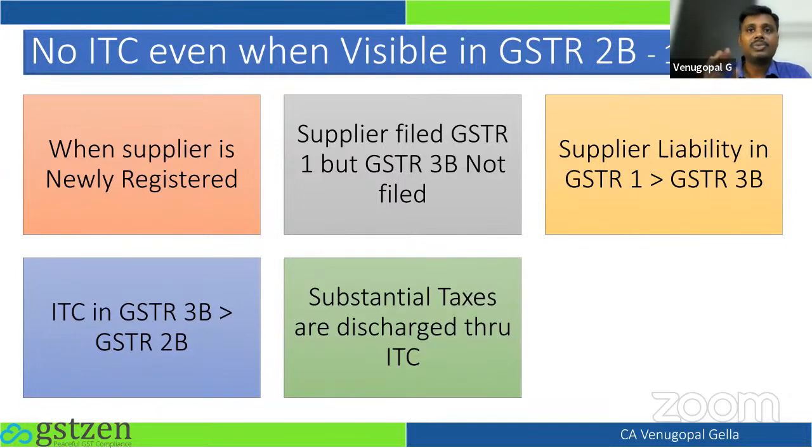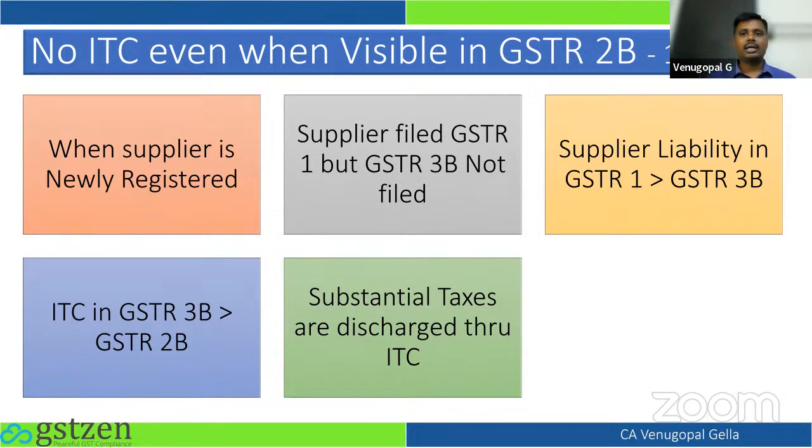The next, assuming that 3B is matching, 3B credit and 2B is matching, everything is happening. But every month he is paying his liability only through ITC and not in cash. You might be wondering whether, in spite of all this, there will still be an issue.